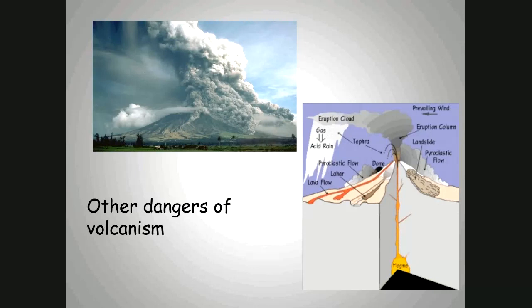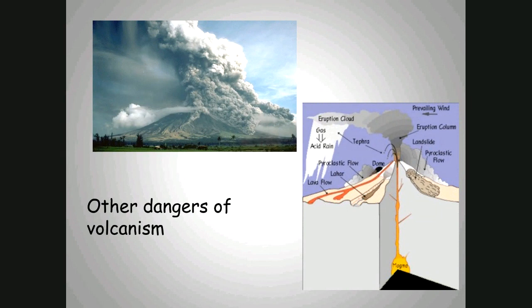Now, when you think of a volcano, what do you think of about its danger? You think, oh, it's going to explode like Mount St. Helens did. Or you think of Kilauea on the big island of Hawaii, oh, it's going to cover everything in lava. But there's more danger than just those two items.